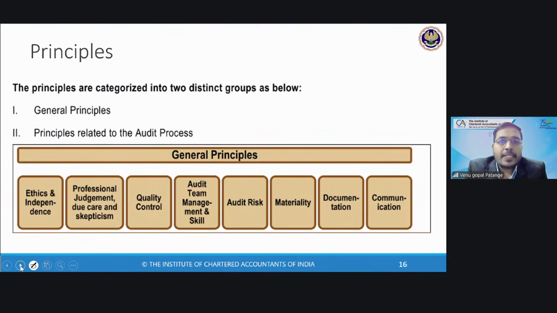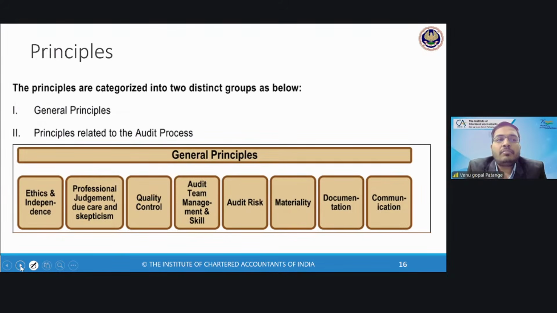Which standard talks about ethics and independence? Integrity. SQC 1, yes, sir. Similarly, professional judgment, due care, and skepticism. Quality control is also from SQC 1 and SA 220.